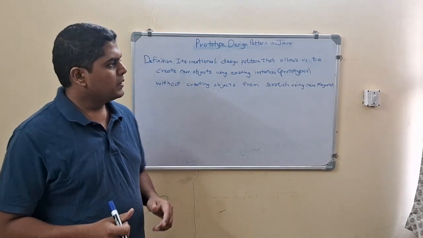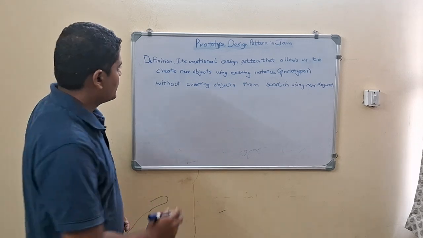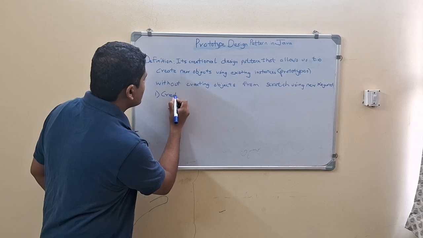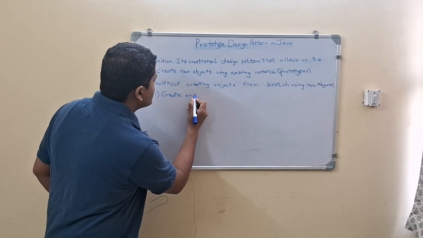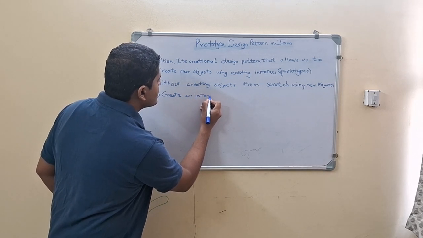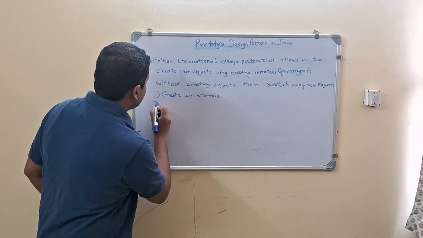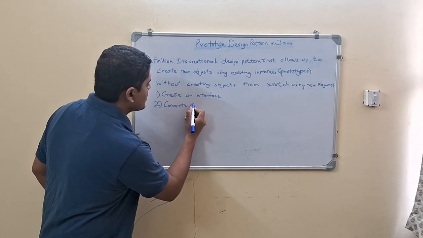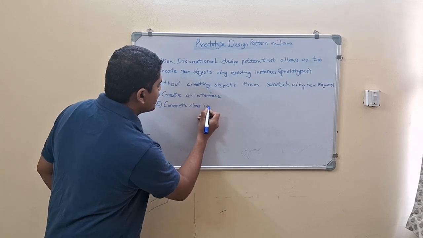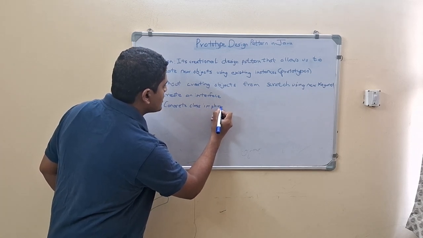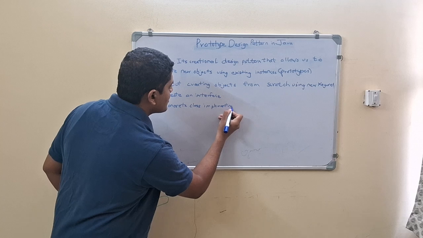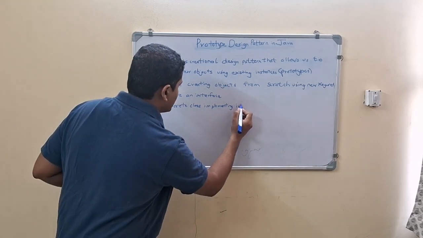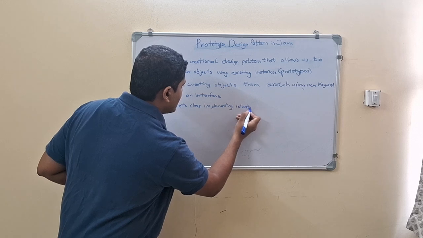And to implement prototype design pattern, the steps are simple. You have to first create an interface. Then you have to create a concrete class implementing the interface. Here you will provide the definition of what the concrete class will look like.